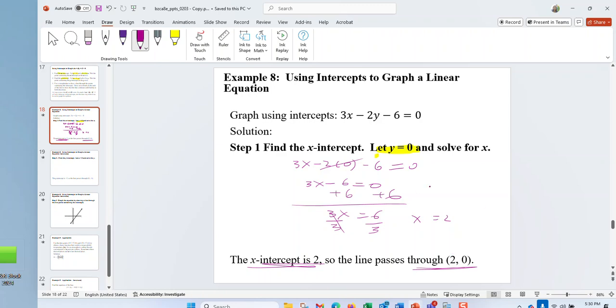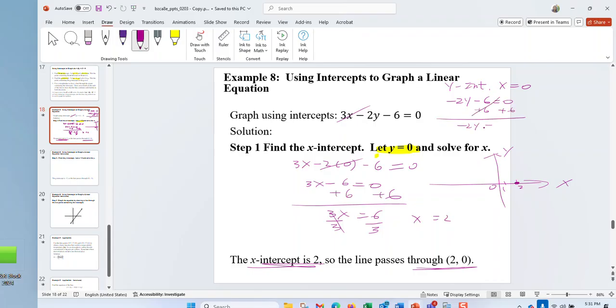So if I graph this one, how does that look? Well, x equal to 2, 1 and 2, y is 0 right here. Okay, and if I want to find the y-intercept, what do I do? I let x equal 0. So x equal to 0, this will be 0. Alright, so I only have negative 2y minus 6 equal to 0. Okay, I can add 6 on both sides, so this cancels out.